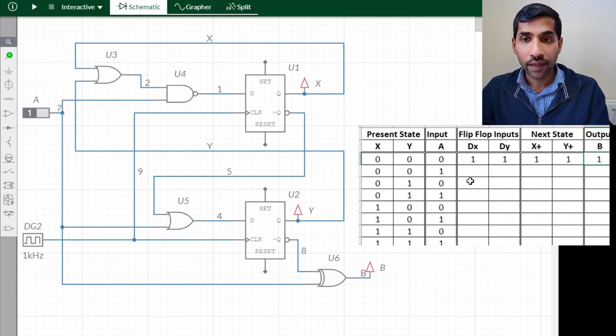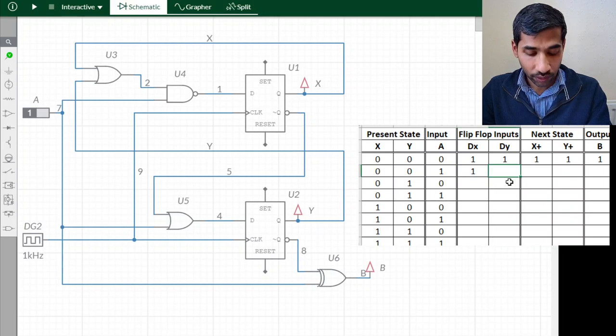Okay, now similarly you can look up dx and dy when your state is 0 0, so you're on the same state but your input has changed, your input is 1. So in that case, what would you have? What's your dx going to be? Your state is 0, this is 0, and y is also 0, so you get a 0 here, and your input a is 1, so and of that is 0, so you still have dx equal to 1.